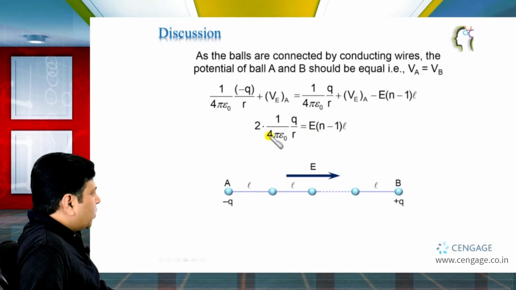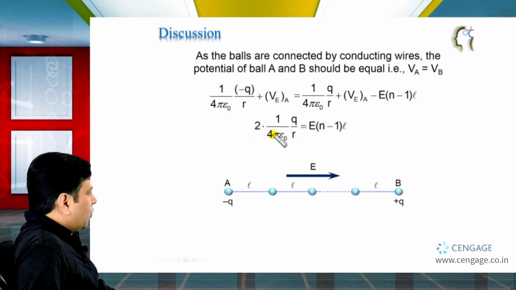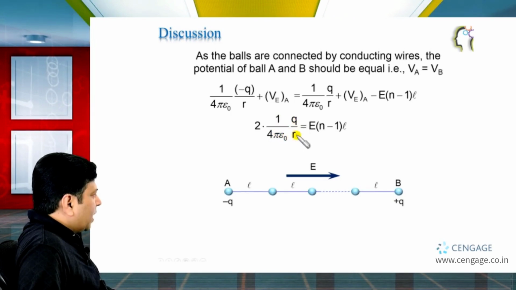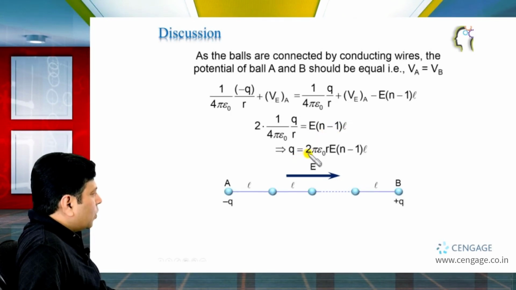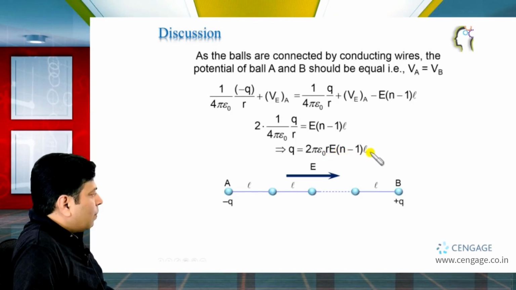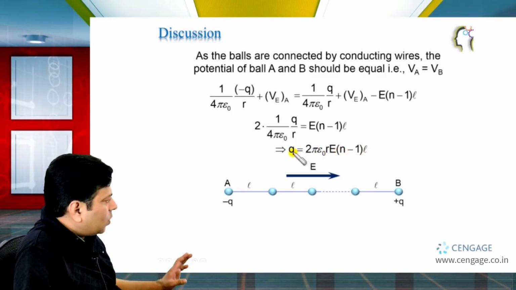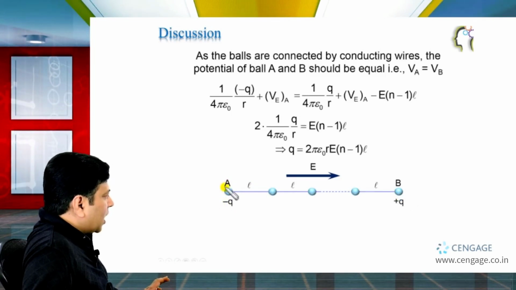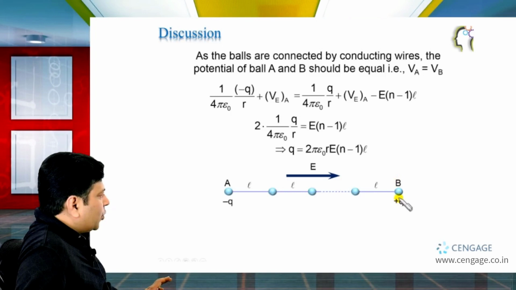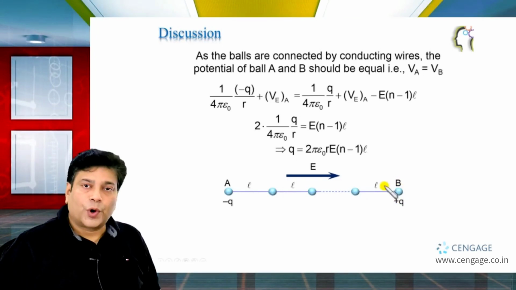Now we can rearrange the equation: there will be 1 upon 2 pi epsilon naught times q divided by small r, and this is equal to E multiplied by (n minus 1) multiplied by L. That means q should be equal to 2 pi epsilon naught r E (n minus 1) L. This is the induced charge on this ball and this ball. At this position the charge should be negative, and at this position the charge should be positive. Okay.